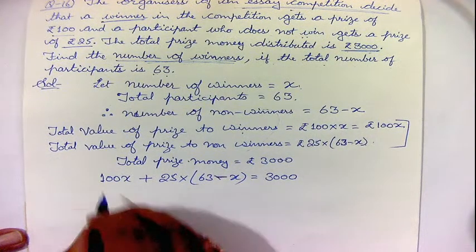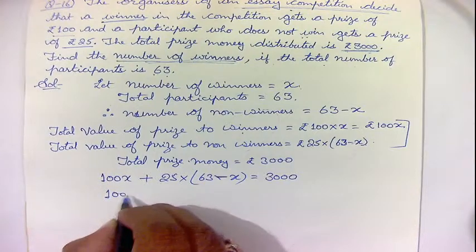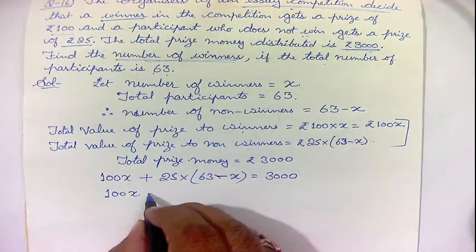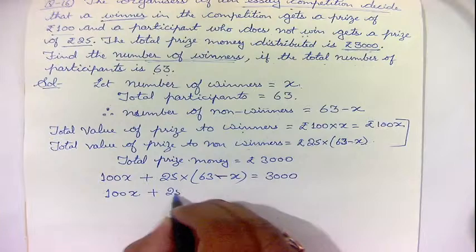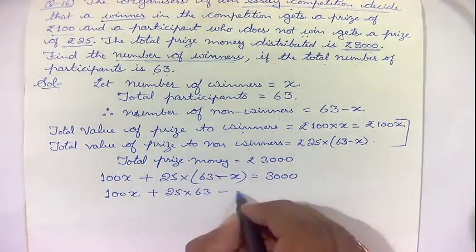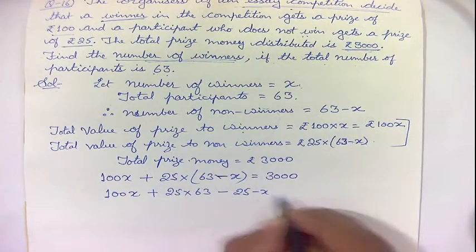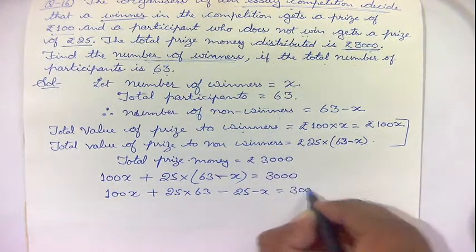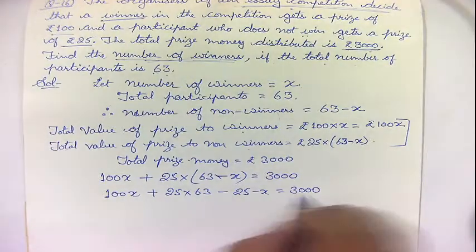So let us just solve this equation. It is 100x plus, we will write it as 25 multiplied by 63 minus x equals 3000.